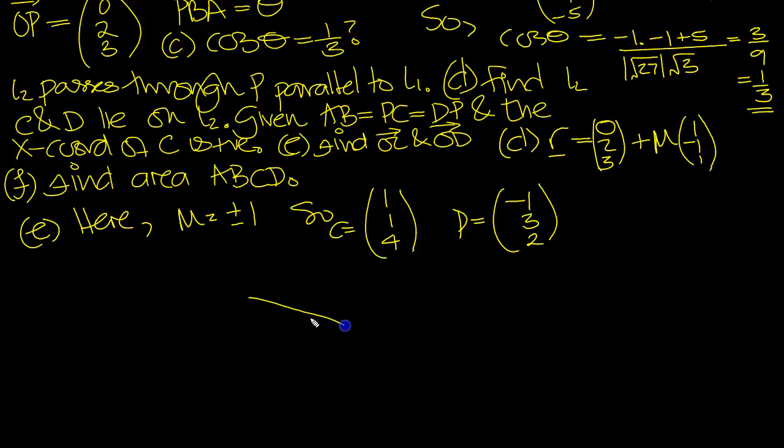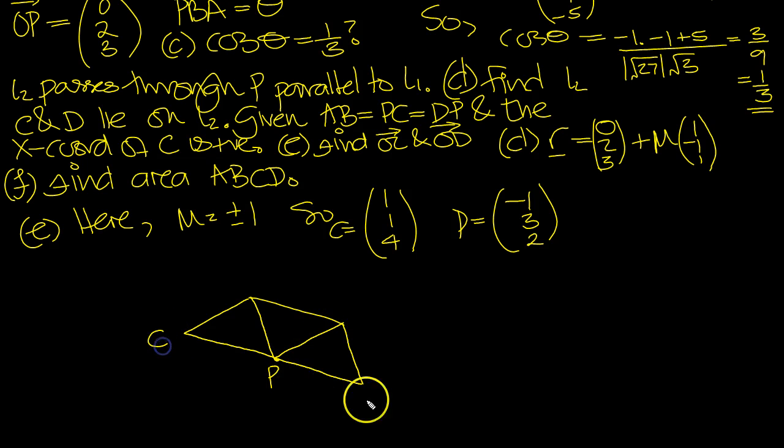So you've got AB, then you've got that line there, and that line there. P's there, and then you've got C, say, and D, AB. Okay, this is the same distance away from here.